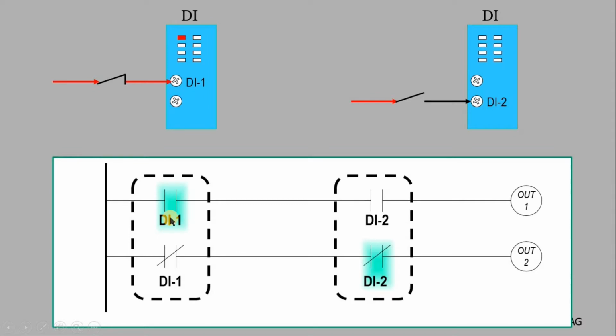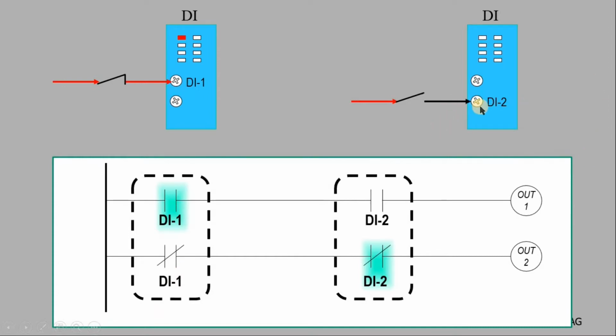I like always to talk about true and false more than open and close or normally open, normally close, because to me it's much easier to understand. So meaning if you have power to the terminal, so the input is on and the LED is on, then the normally open contact representing this DI is true, meaning the normally closed contact for this DI is false.